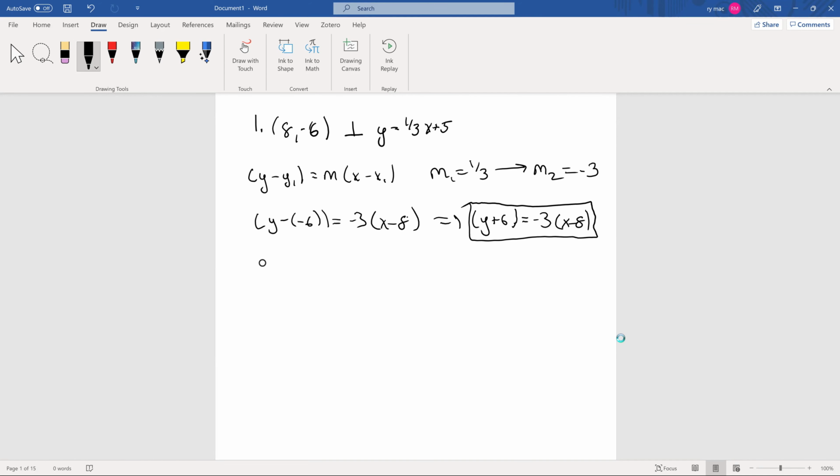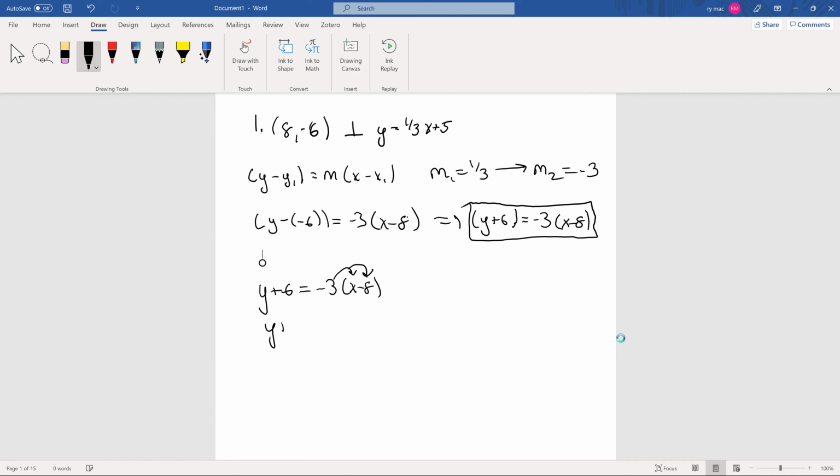And then the second part just says, write an equation for the line in slope intercept form. Well, they're really just asking you to simplify this. So if I take my original, y plus 6 is equal to -3 (x minus 8). Distribute them.